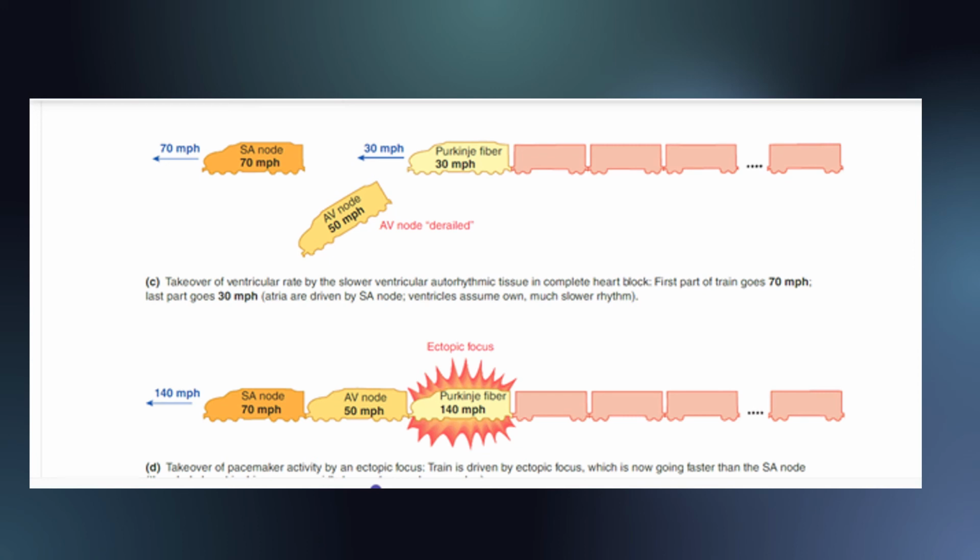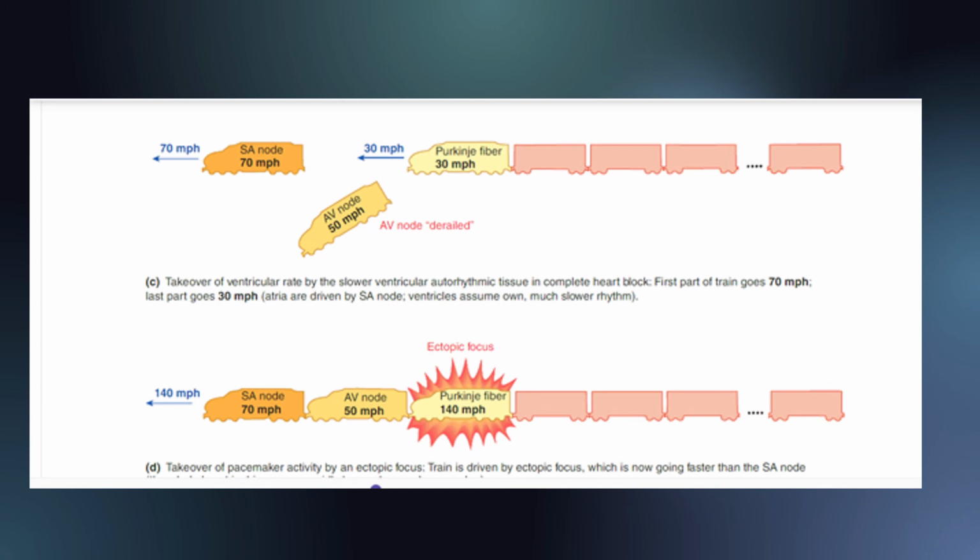What that does is initiate a premature action potential, usually called a premature ventricular contraction. If this ectopic focus continues to discharge at a more rapid rate than your SA node, then the heart rate abruptly becomes greatly accelerated.